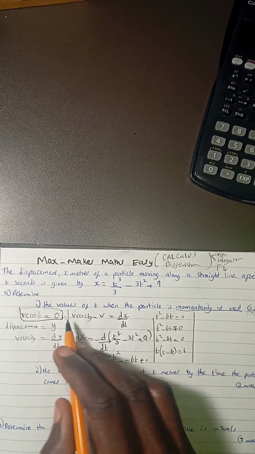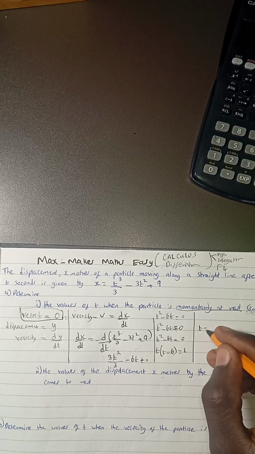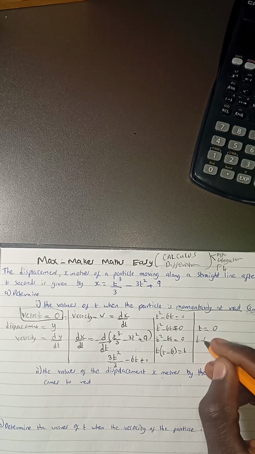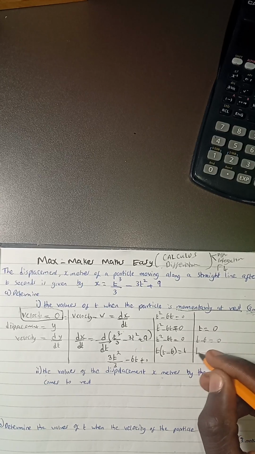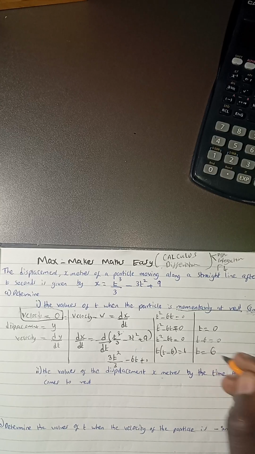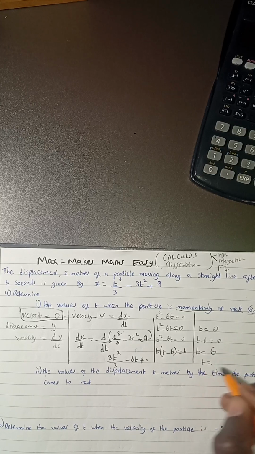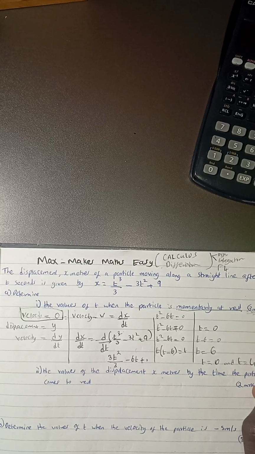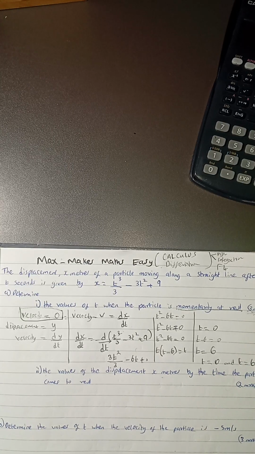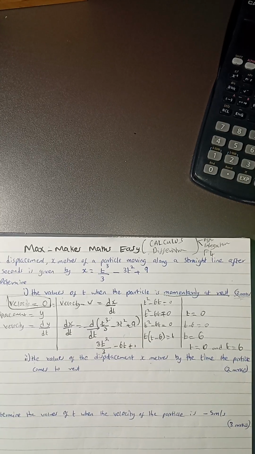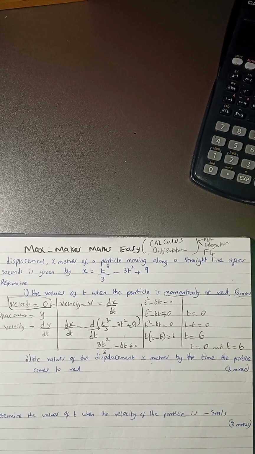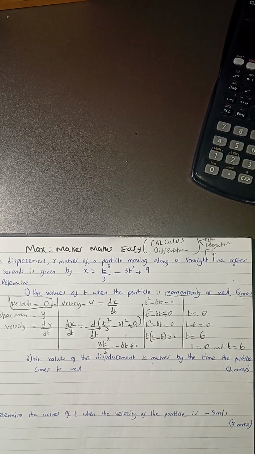So t is equal to 0, or t minus 6 equals 0, where t is equal to 6. So the values are t equals 0 and t equals positive 6. Those are the values of t when the particle is momentarily at rest.